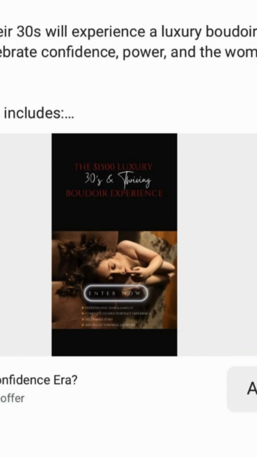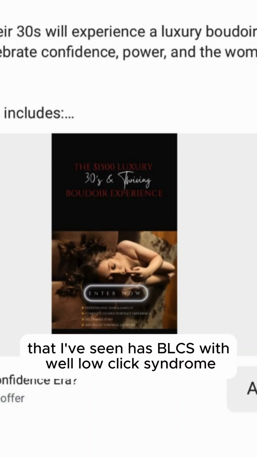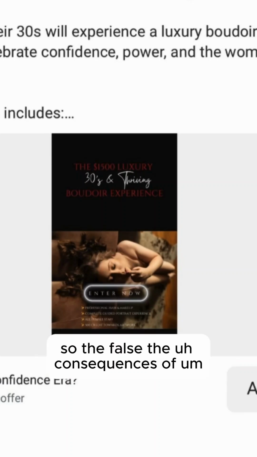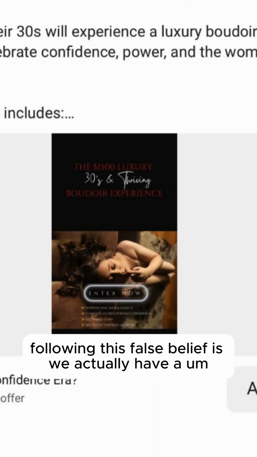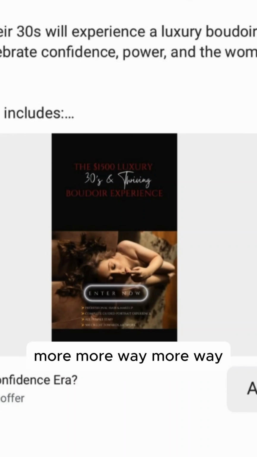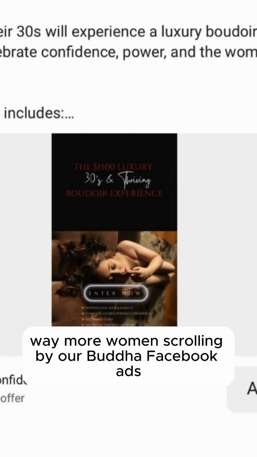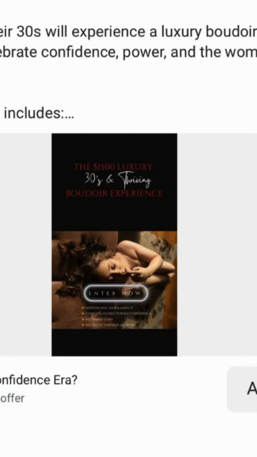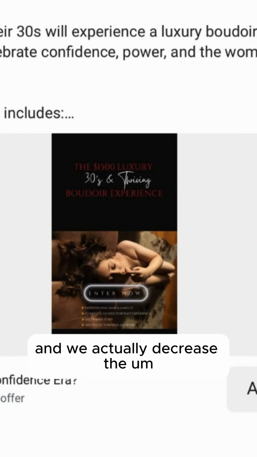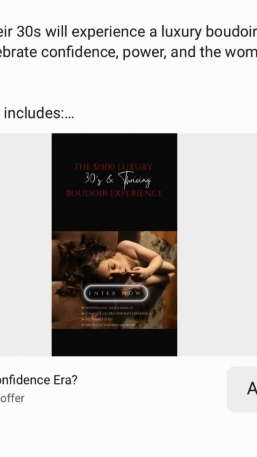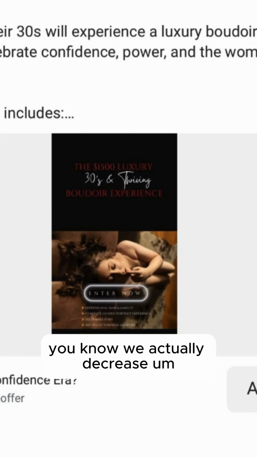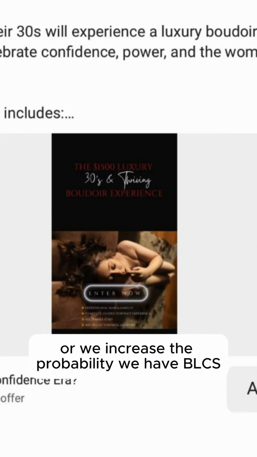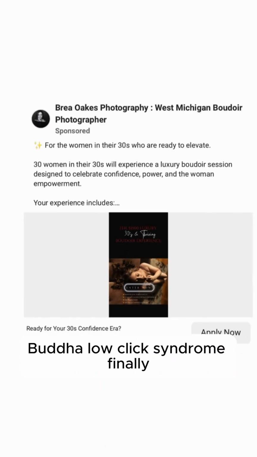The consequence of following this false belief is way more women scrolling by our Boudoir Facebook ads than necessary. This pulls our unique CTR under 6%, and we increase the probability we have BLCS, Boudoir low click syndrome.